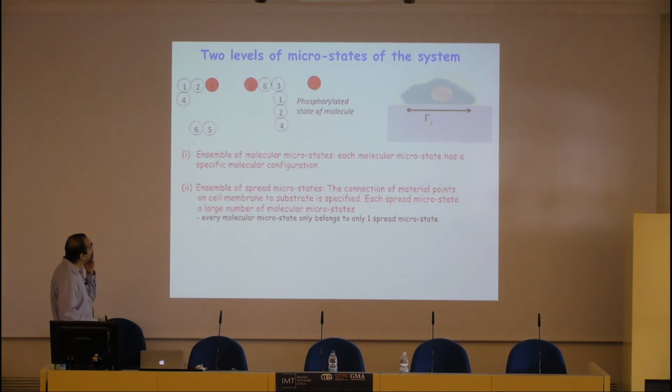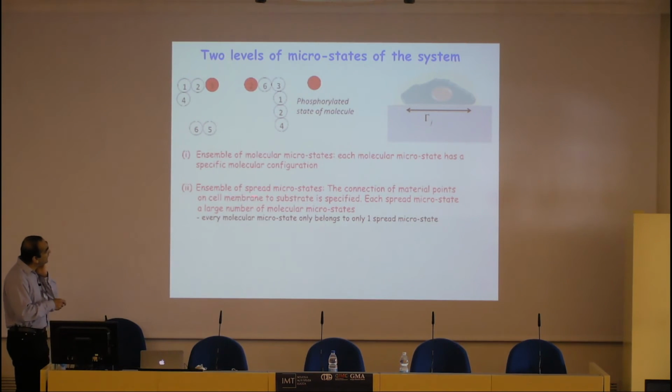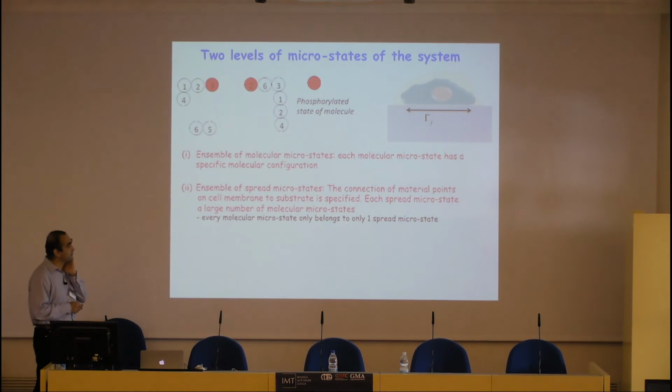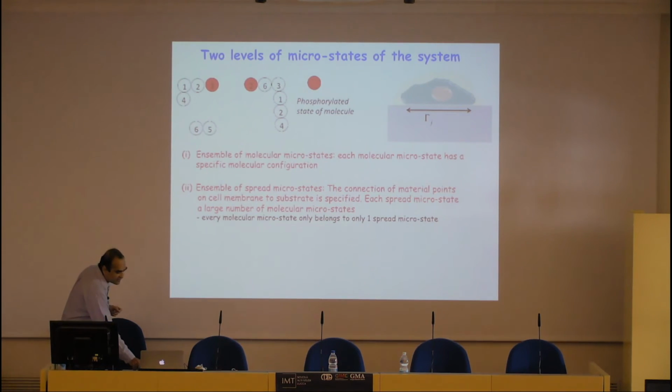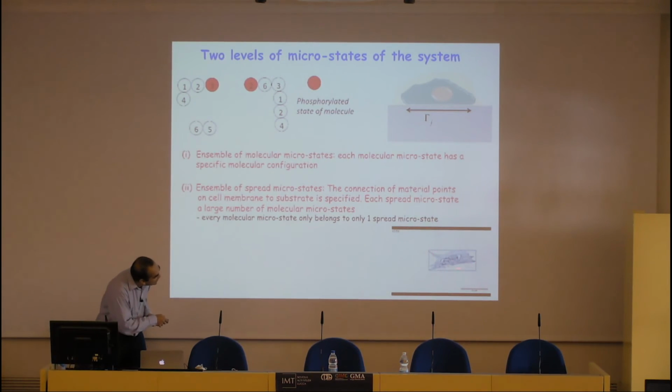The second level of ensembles is what I'm going to be calling the ensemble of spread microstates. Now, the spread microstate is what you actually observe. A spread microstate is basically telling me what is the connection between the cell and the substrate, for example. If you give me the mapping of the cell membrane points onto the substrate, the perfect shape and exactly how that shape was generated by mapping the cell onto the substrate, that gives me a spread microstate.